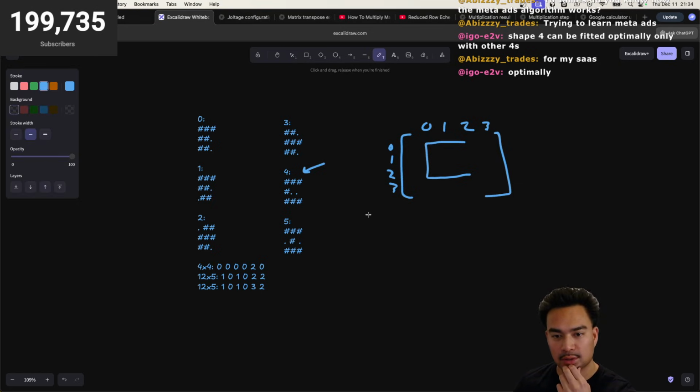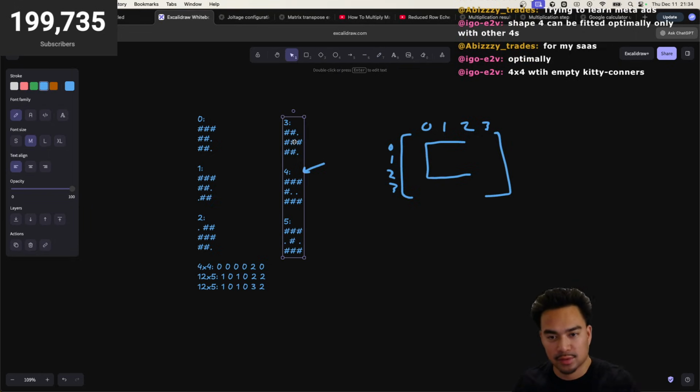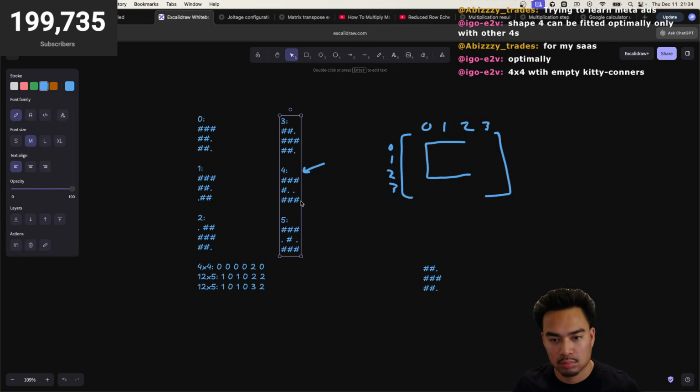But what if I fit this one in, if I rotate this?